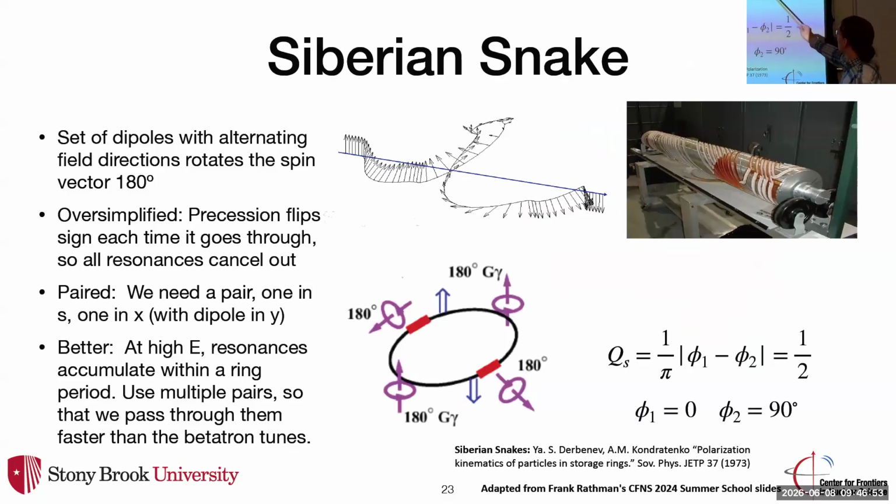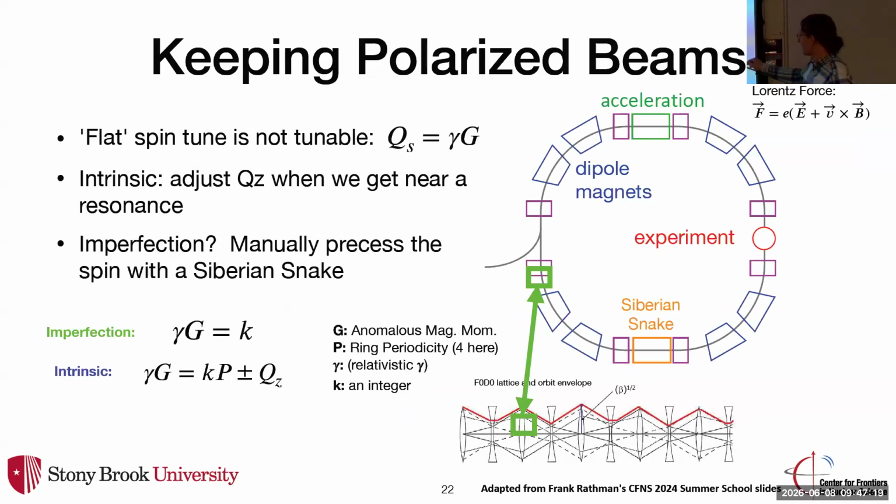A Siberian snake is a magnet where the dipole precesses around it. And what it does is it takes the beam on an excursion where it leaves the center line, and as it's moving through this magnet, it flips the spin from spin up to spin down. The really simple version of this is we're going to naturally accumulate some depolarization.